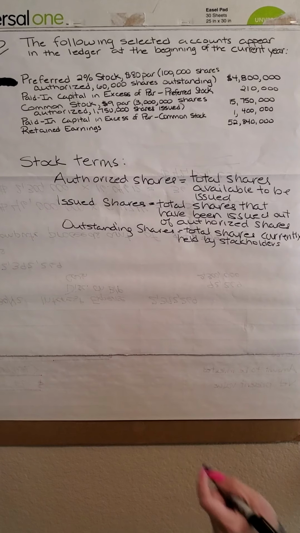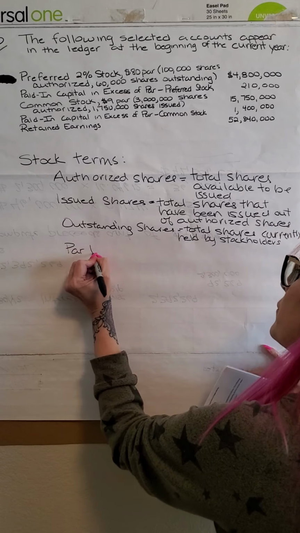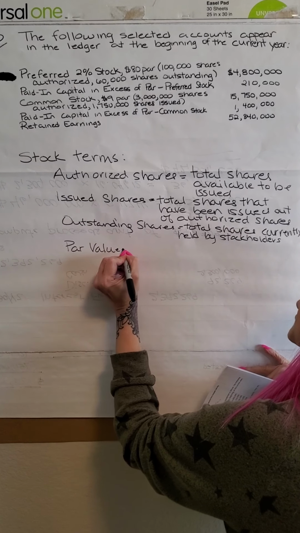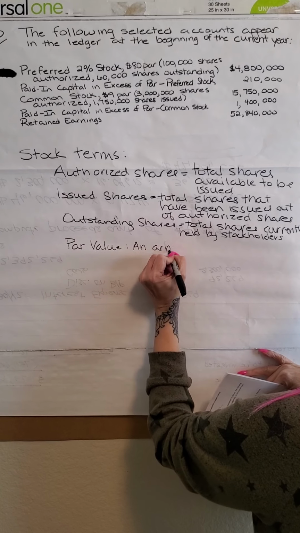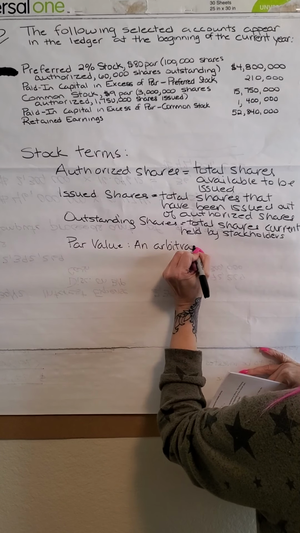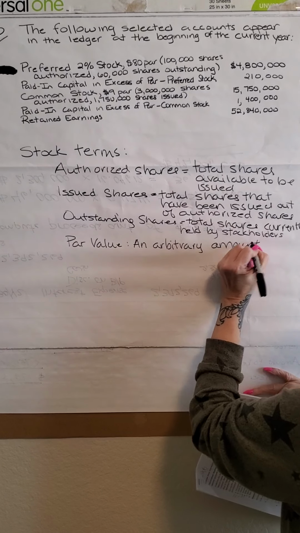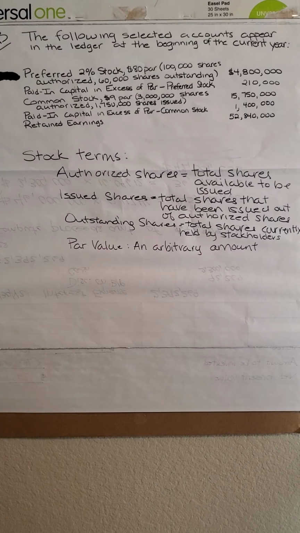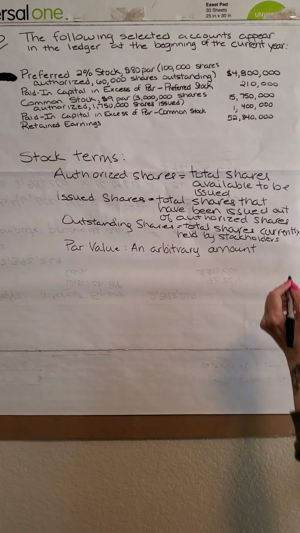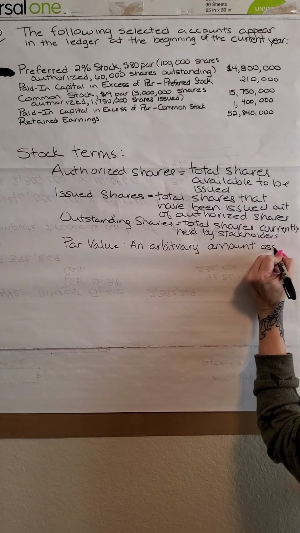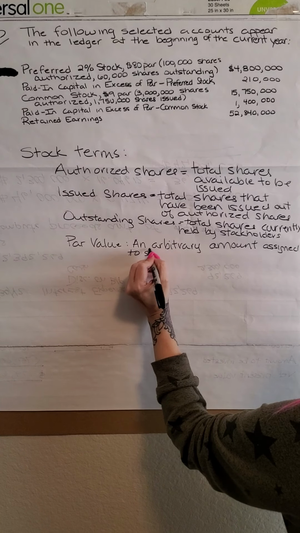Additionally, when we're looking at par value, it is an arbitrary amount that is usually much less than the market value, but it's an arbitrary amount assigned to shares of stock.